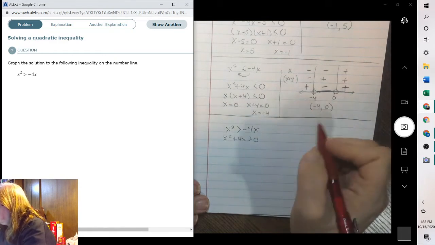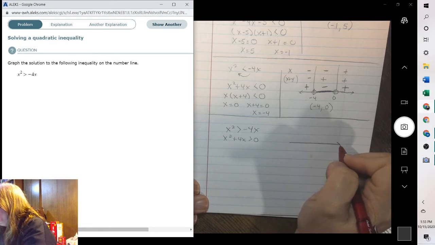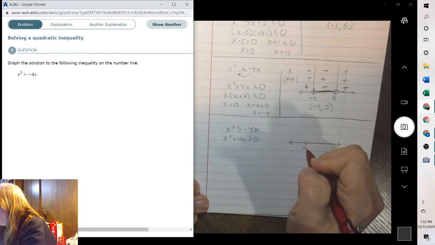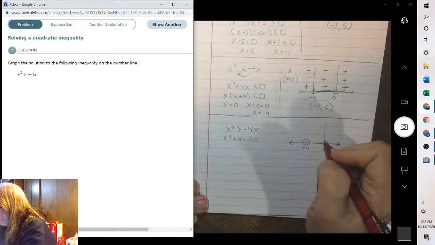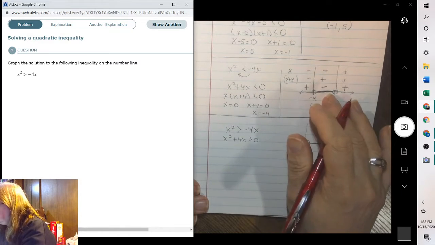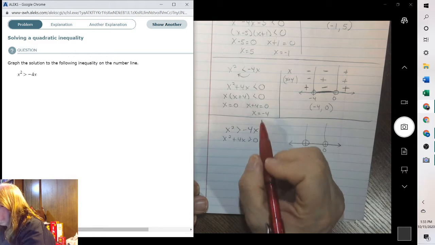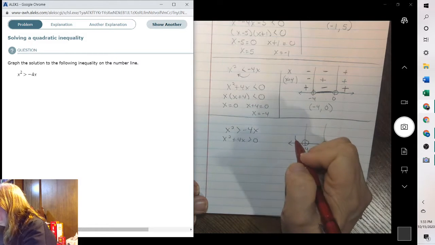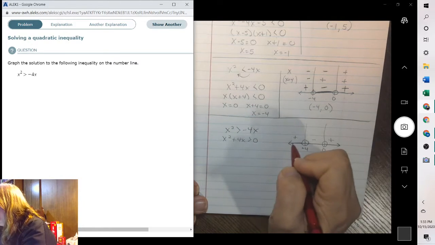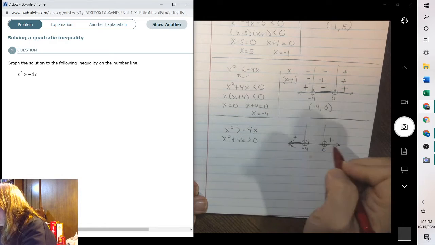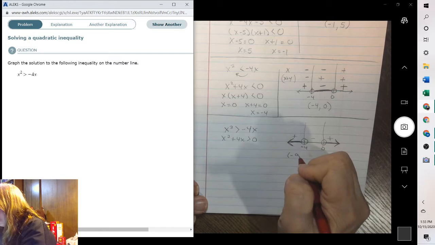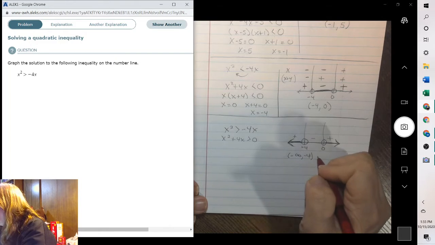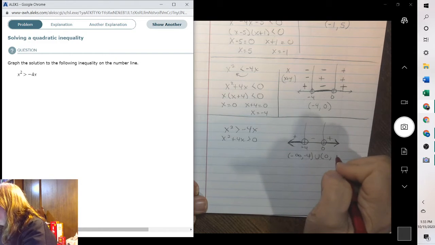Since they want greater than, from above, because the problem set up the same, except the only thing changed is greater than, which means we want this one and this one. -infinity to -4 and 0 to infinity.